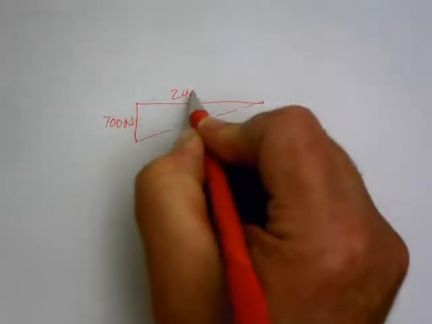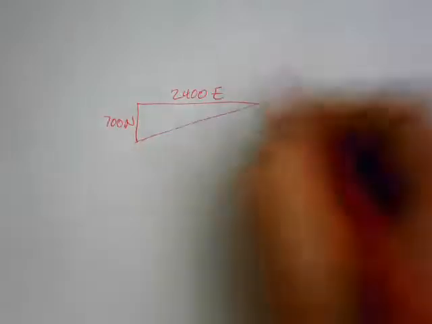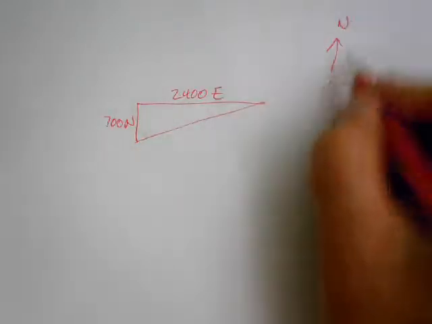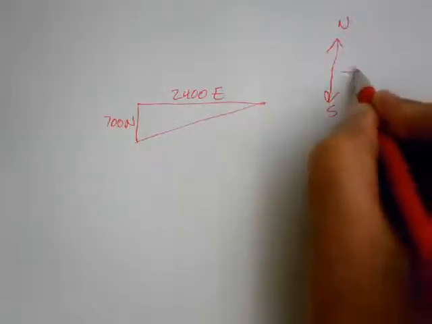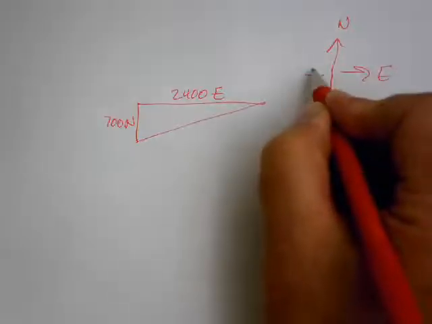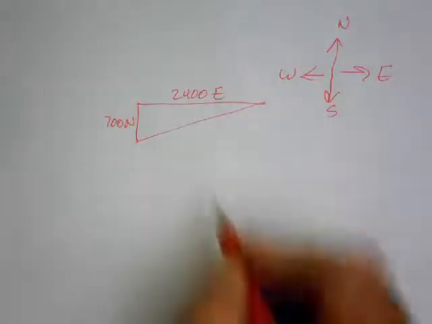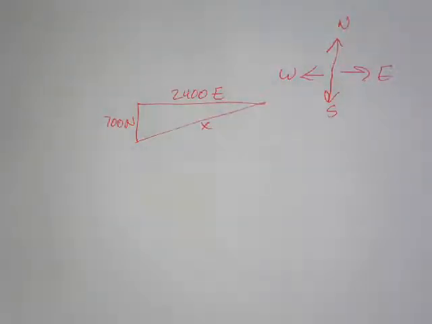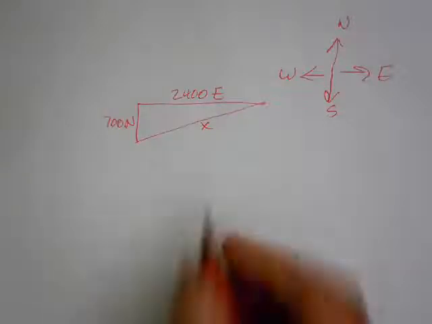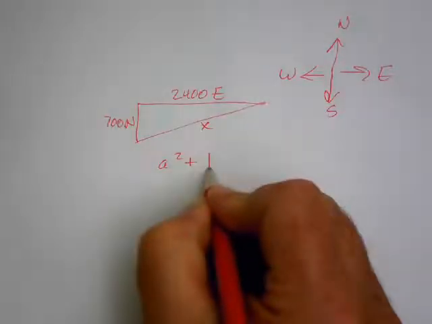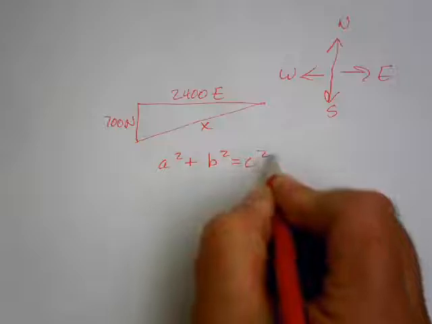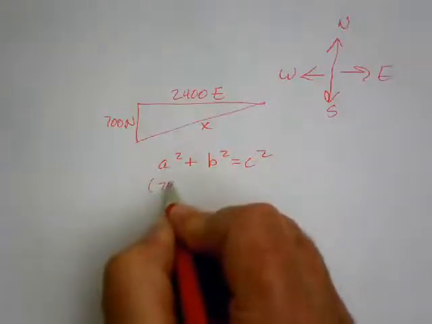Again, north, south, east, west. And so there's what we want to solve for. And a squared plus b squared equals c squared. So 700 squared, 2,400 squared.